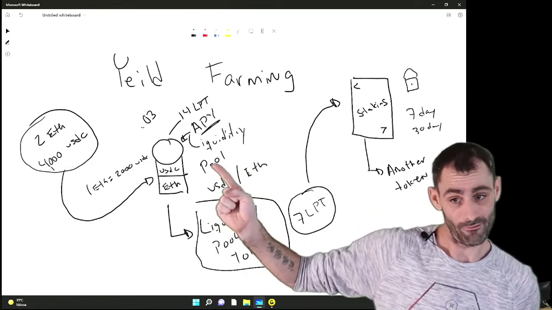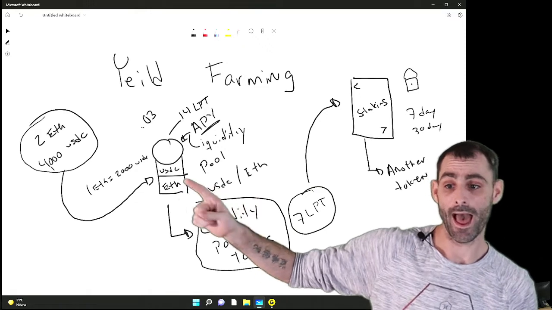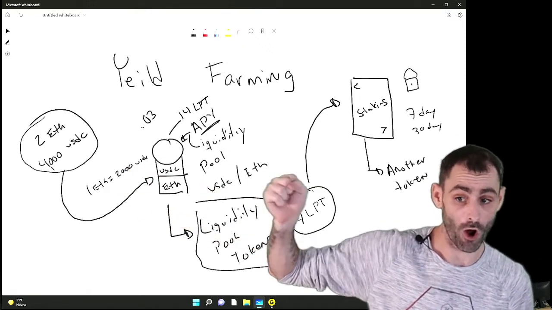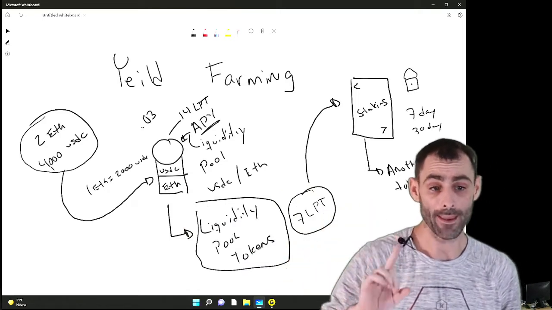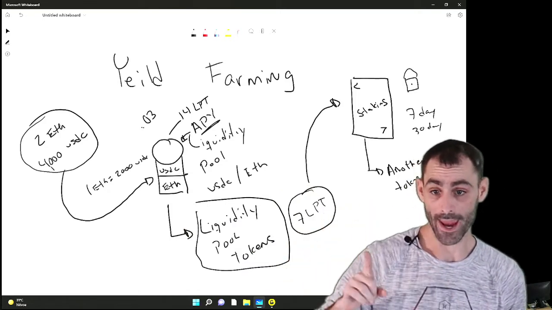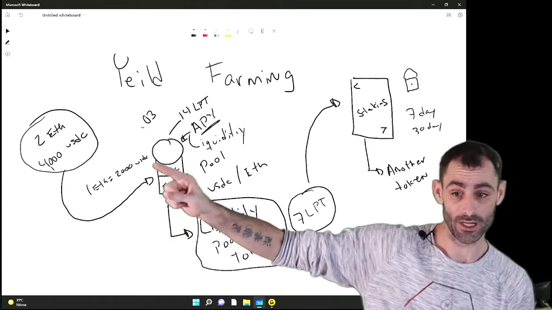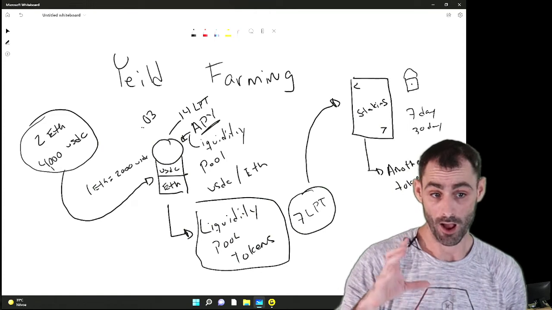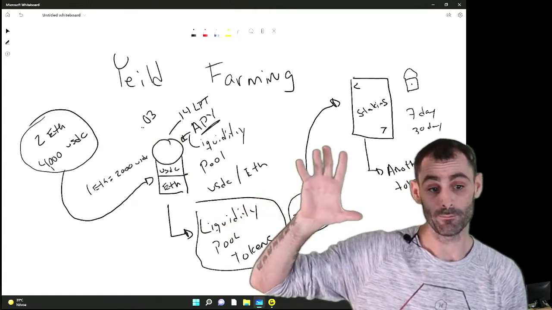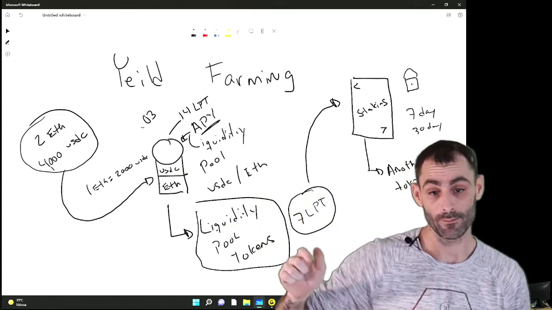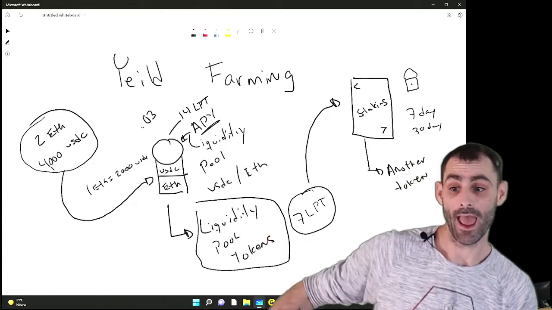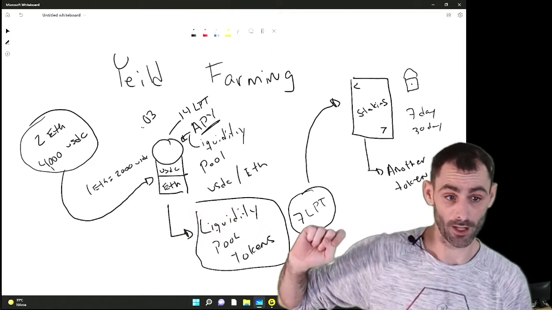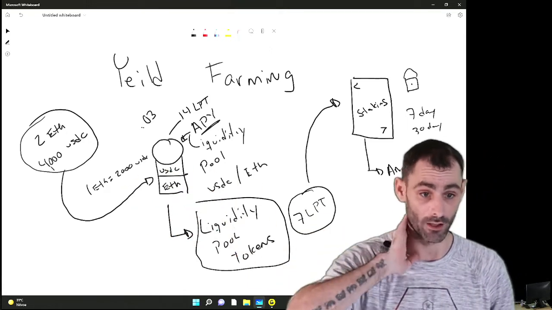Meaning, look, if this pool right here has 1 ETH and 2,000 USDC, and that's all that's in this pool, if I make a $1,000 trade and I give $1,000 to get out some Ethereum, the change in price of Ethereum is going to be much greater than it would be if I made that same trade and there was 100 Ethereum and $200,000, okay?